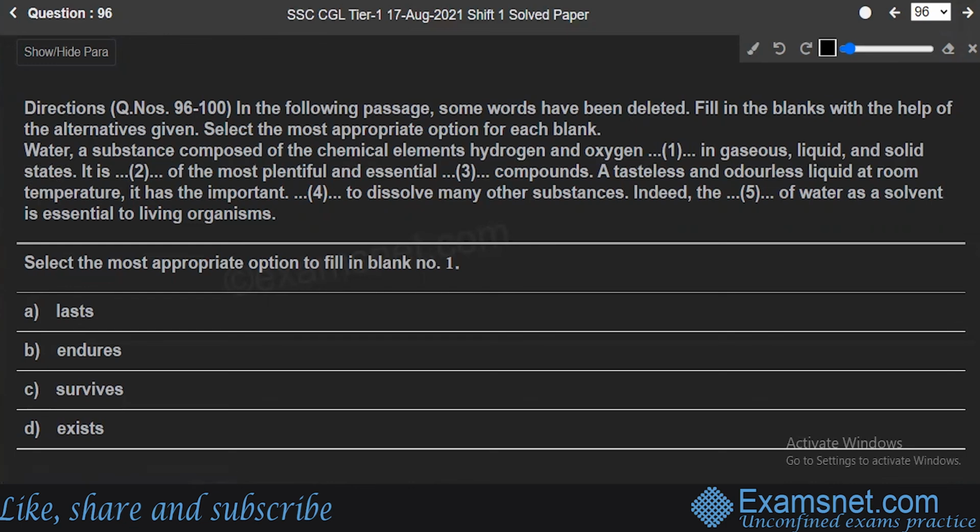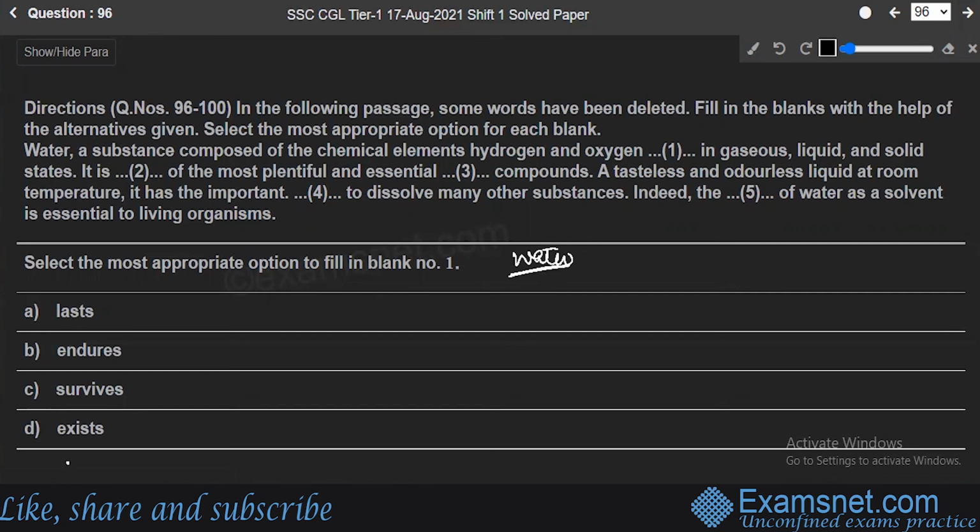See, in this question, you have to choose what will come in blank one. The given passage is about water. The word exists means to be real, to be found in the real world, that is there, right?